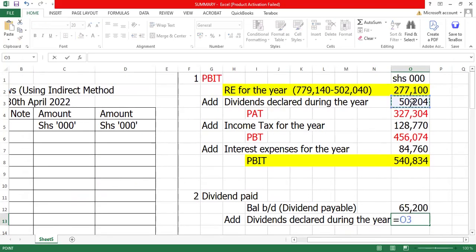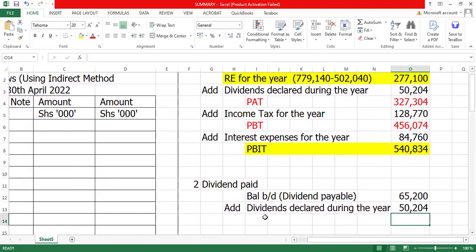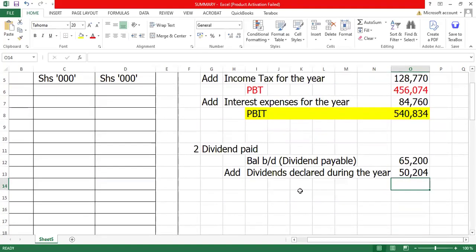It's this, 50,204. So this is the expected balance carried down. This is what you expect at the end of the year to be dividend payable. You get this plus this.